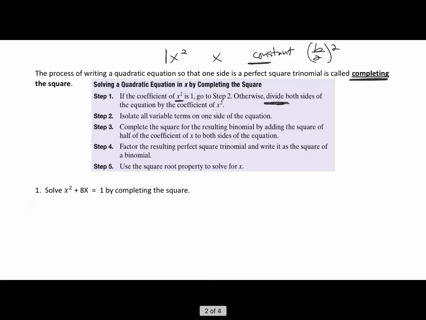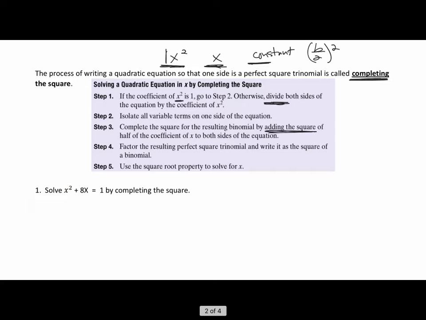Then the next step is to isolate all the variable terms. So you just want the variable terms on one side, and then if there are any constant terms, move them over to the other side. Because we are going to add our own constant, which is half of b squared. And if we're going to add that to one side, we have to add it to the other side.